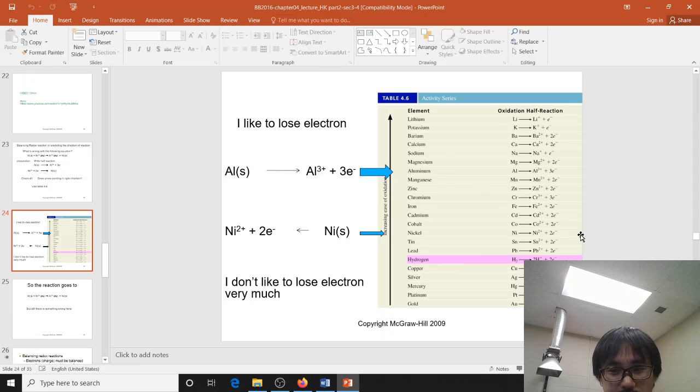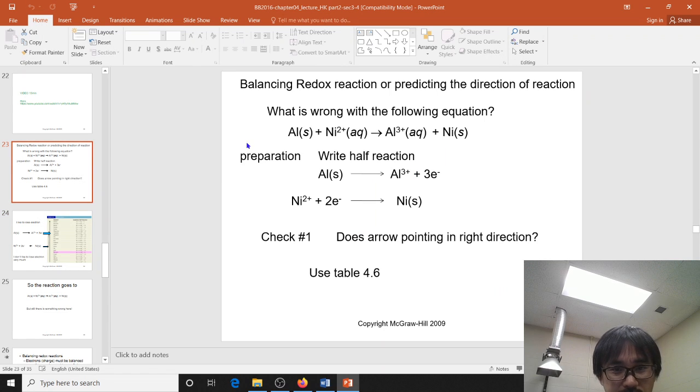So you have two separate reactions, the aluminum becoming aluminum 3 plus, and then nickel becoming nickel 2 plus, right? You have two reactions like this, and then somehow you're going to combine these two to create the reaction that looks like this.